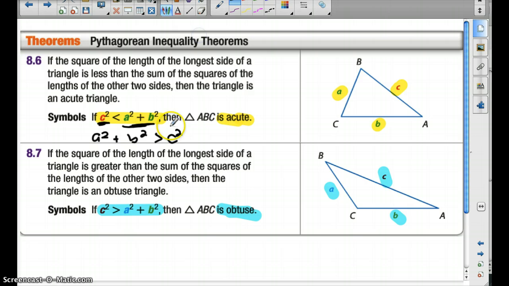Now if you want to write it the other way, what we're used to, it would be a squared plus b squared is less than c squared. So the alligator's eating the c squared. All right.